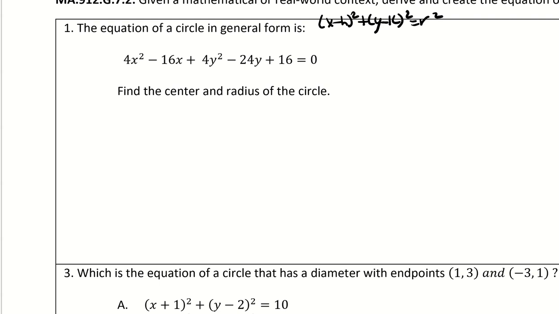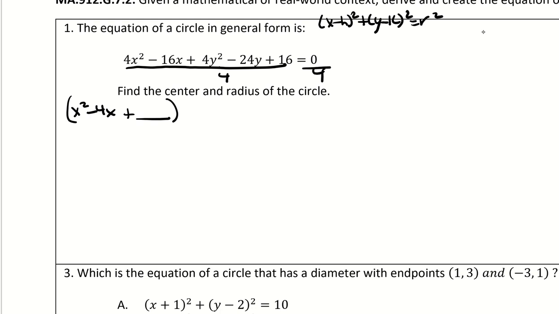So first off, I'm going to divide everything by 4 just to get rid of those numbers, because they're a little bit annoying, making the equation look bigger than it actually is. So we're going to divide both sides by 4. And that gives us x squared minus 4x, and I'm going to leave some room here and put this in parentheses.